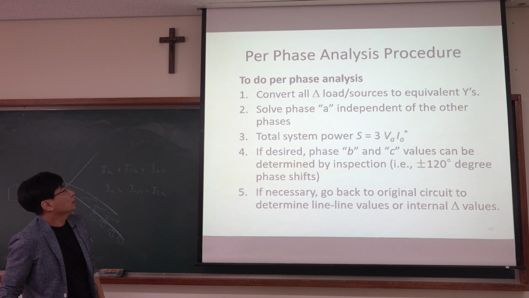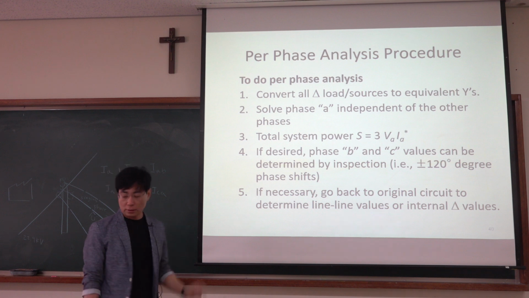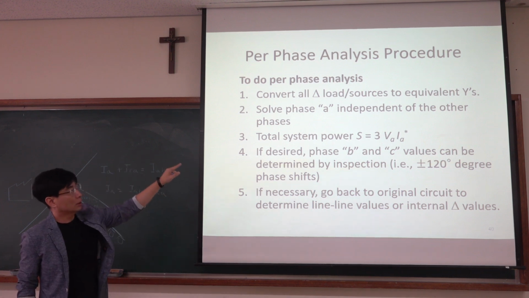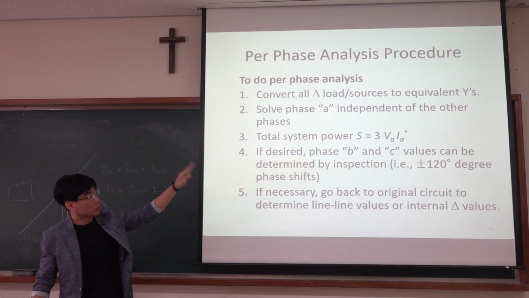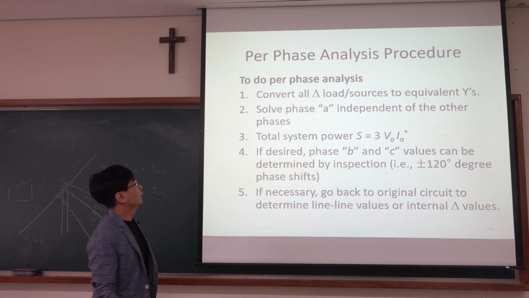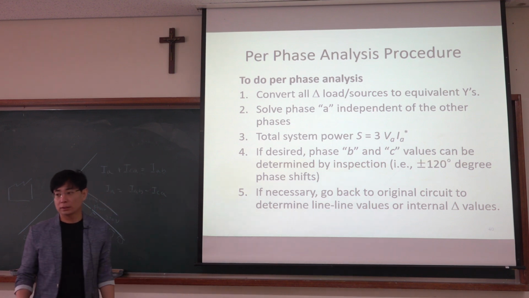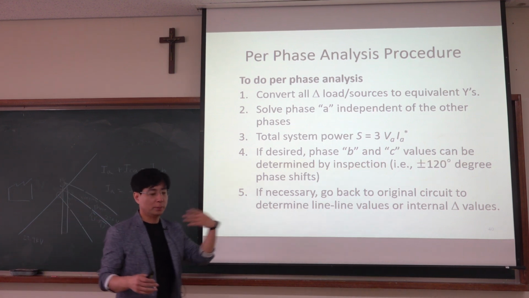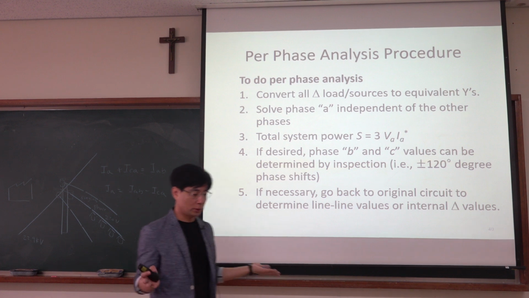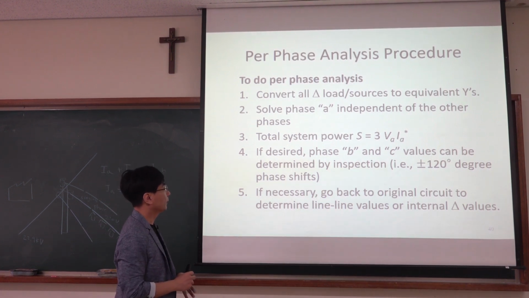And the per phase analysis procedure. To do per phase analysis, convert all delta load or delta source to equivalent Y connection. Then solve phase A independent of the other phases. You can solve phase B, phase C, but the results are the same, except the phase is different by 120 degrees.